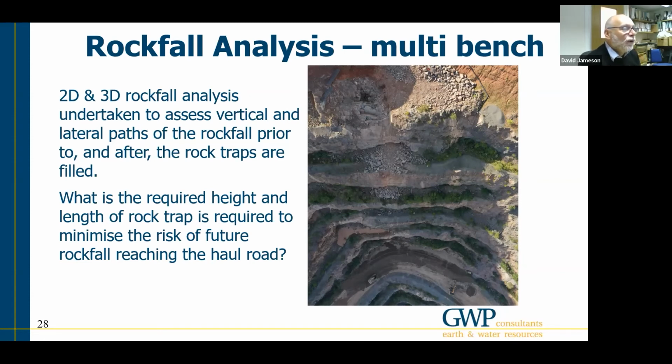You'll note that this happens to be in the corner of the quarry, so you've got a bit of a slot down which it goes, but being in the corner, you've got some curvature to the lower benches, which means that you can't just do straight line sectional analyses, because ultimately once those benches start to fill up with debris and material starts to slide off, not directly down the face but laterally, it might go off at an unexpected angle, and so 3D analysis later on would be appropriate as well.